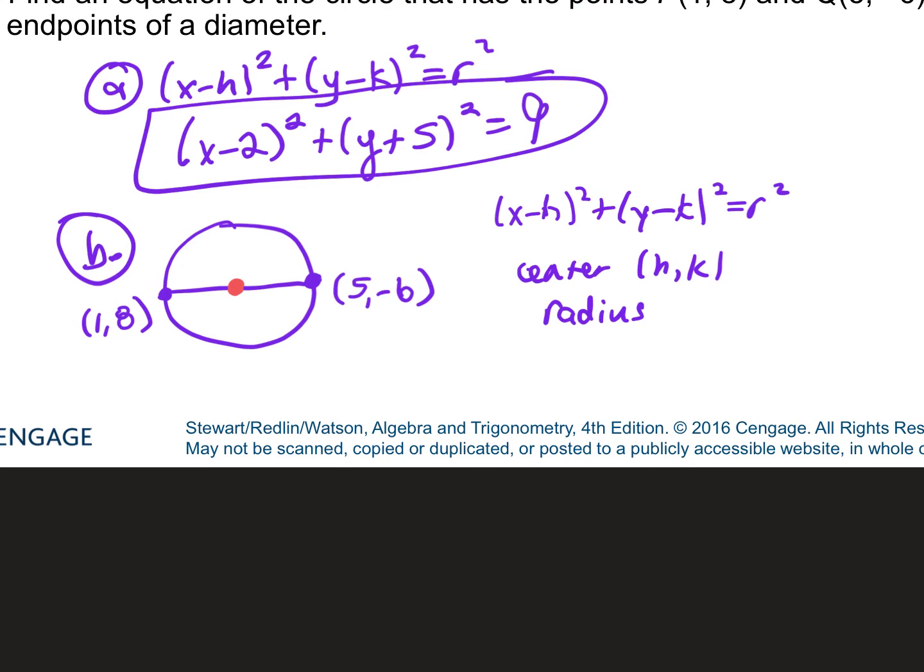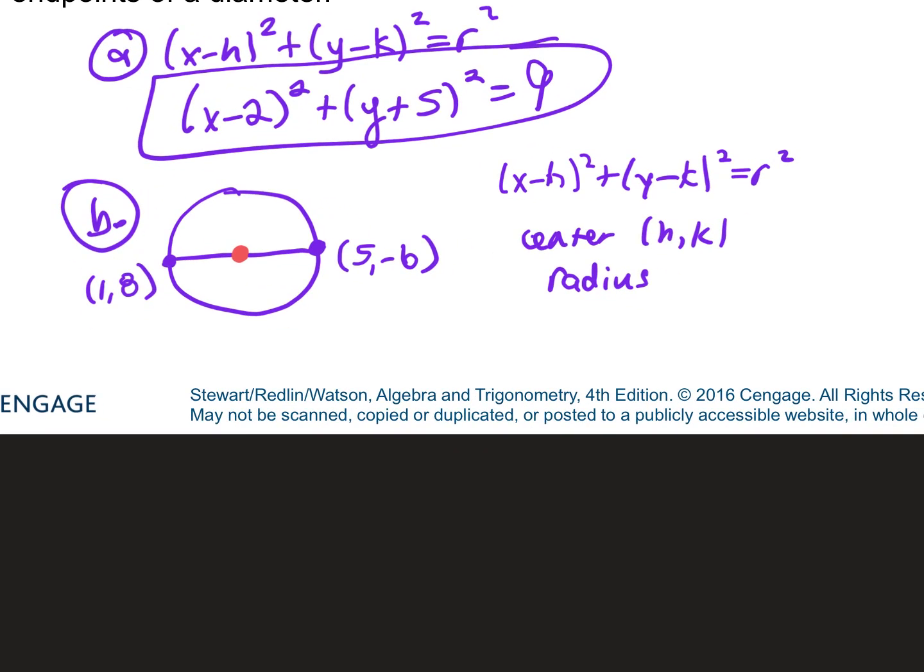So we're going to find the midpoint of points 1, 8 and 5, -6. Here's my x, here's my y. What's the midpoint formula again? x1 plus x2, the x's added together and divided by 2, and then y1 plus y2, the y's added together and divided by 2.